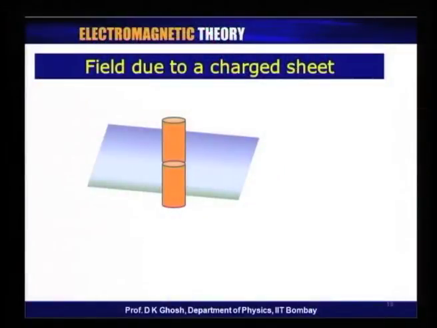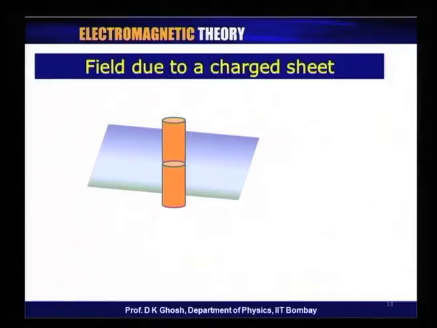If it is above, it is upward; if it is below, it is downwards. So, the electric field is oppositely directed. We will be discussing it later, but you notice that there is obviously a discontinuity of the electric field at the charged surface.